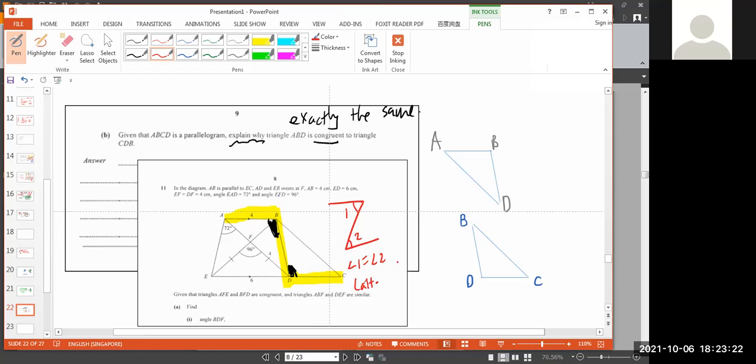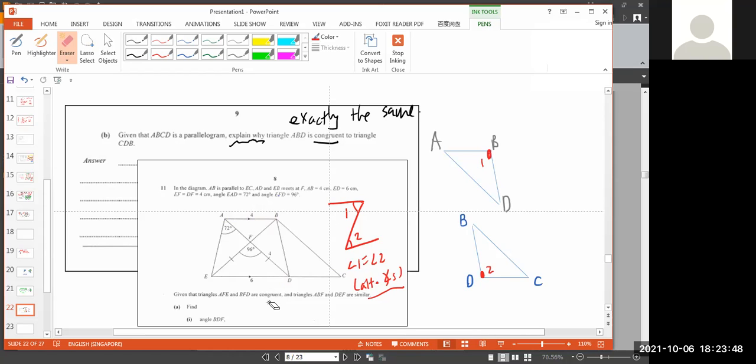Have you learned this before? Yeah. So I have already proved this angle is equal to this angle. Okay, because alternate angle. So I proved that. Next, is there anything I can prove besides this?